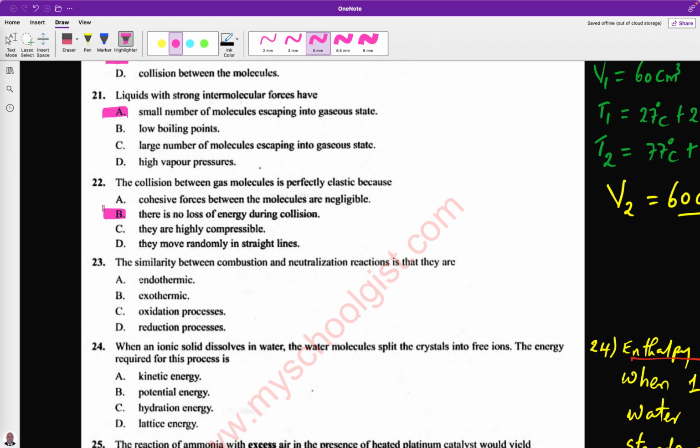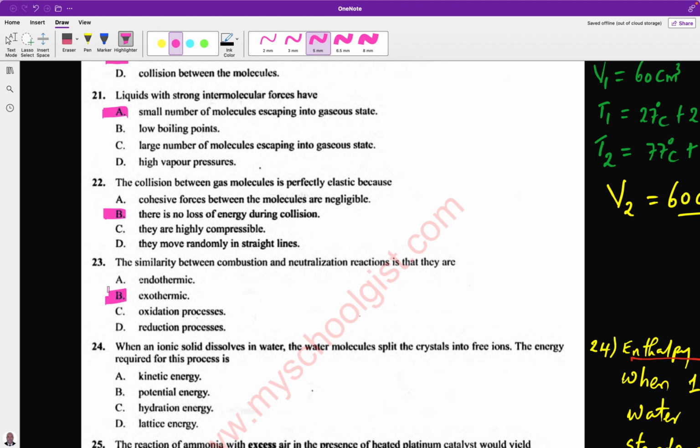The test tube is hot, indicating that heat has been released, so it is an exothermic reaction. It's not oxidation, it's not reduction. The only similarity between them is that they are exothermic. So 23 is exothermic, which is B.